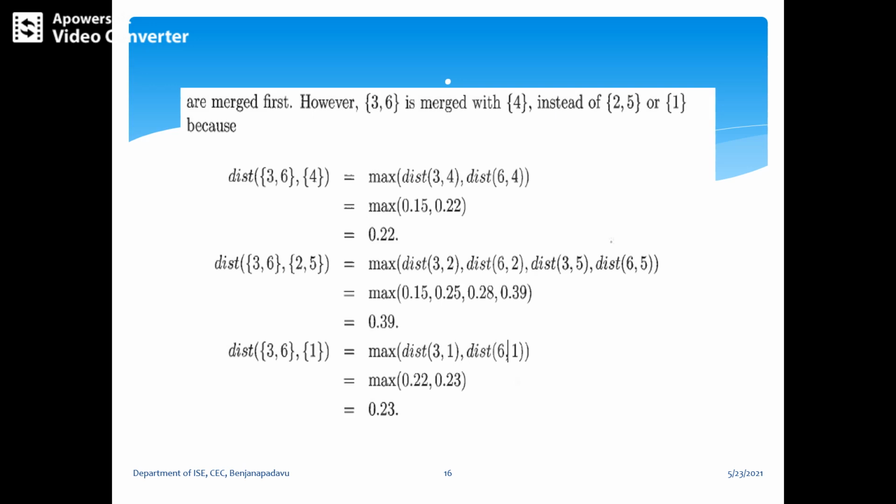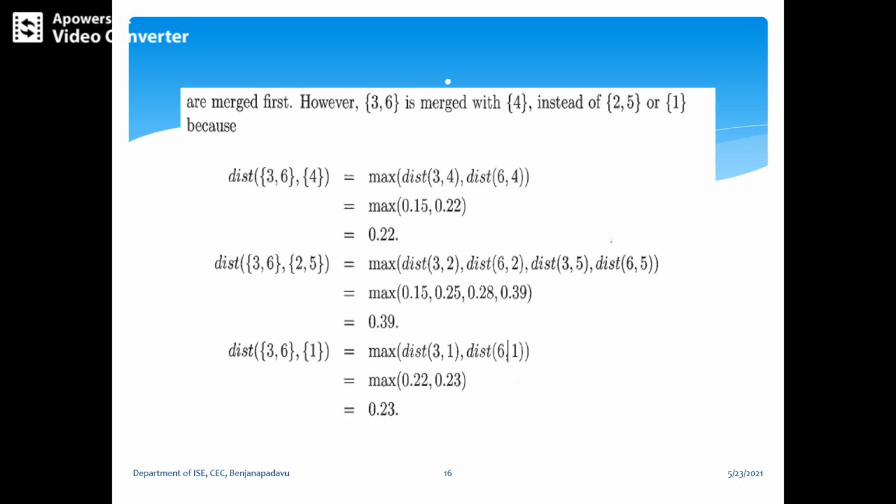For the Euclidean distances, we already have some answers: 6, 2 is 0.25, 3, 5 is 0.28, and 6, 5 is 0.39. So the maximum of these for 3, 6 and 2, 5 is 0.39.